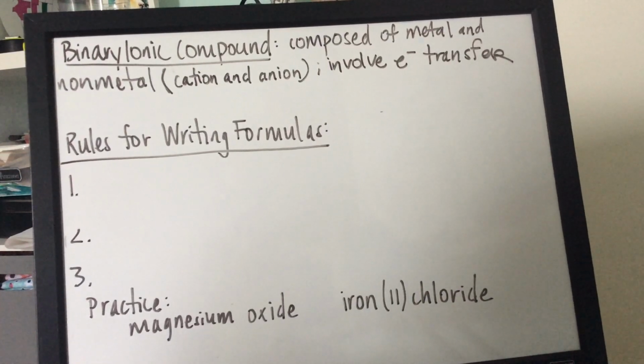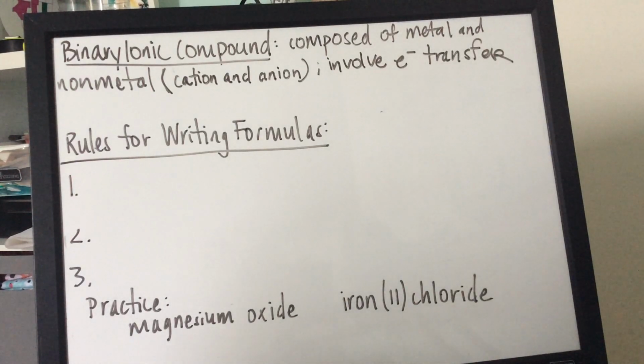You might remember that we learned about covalent, which of course is sharing of electrons, but that's a story for a different day in terms of how we name and write formulas. So this is just naming and writing formulas for ionic compounds, which are composed of a metal and a nonmetal, a cation and an anion, and they involve the transfer of an electron or of more than one electron.